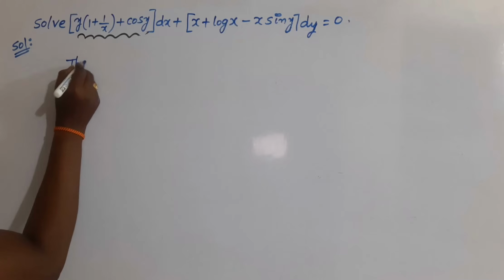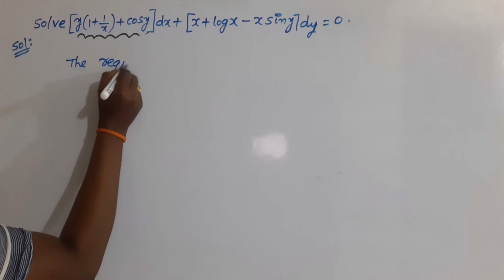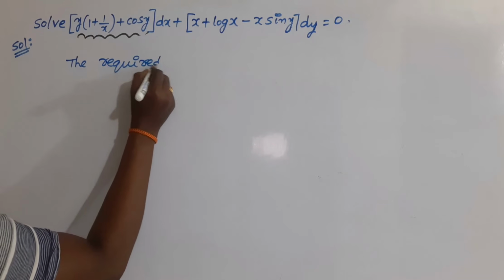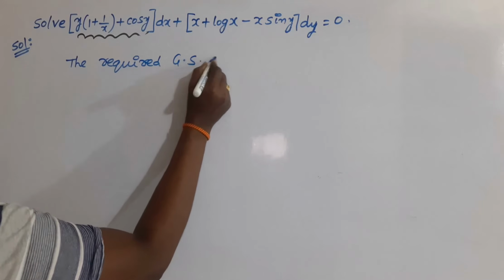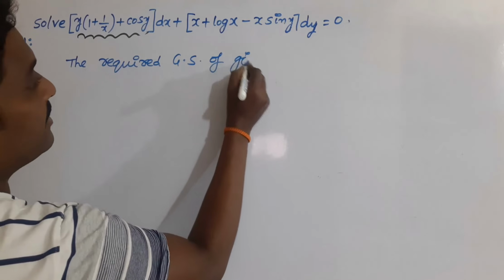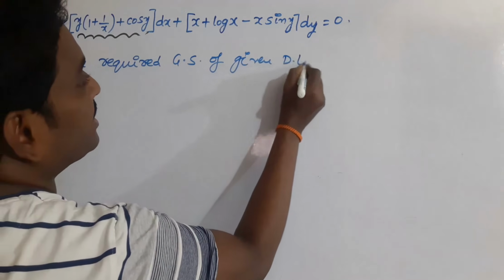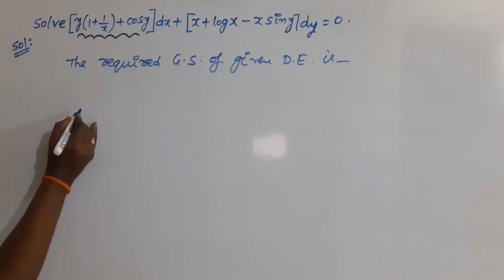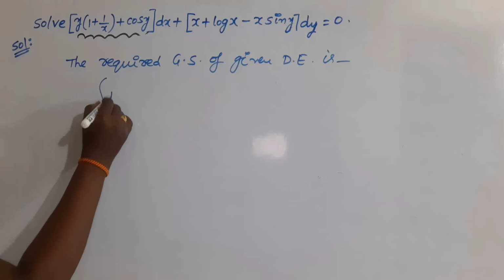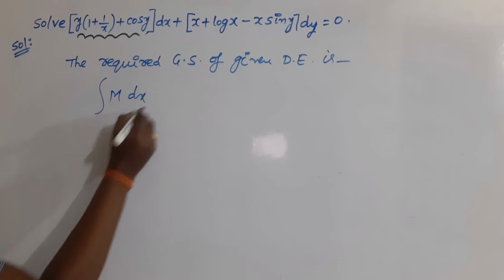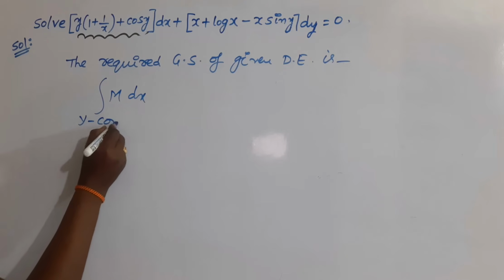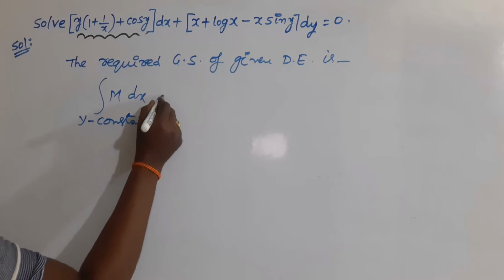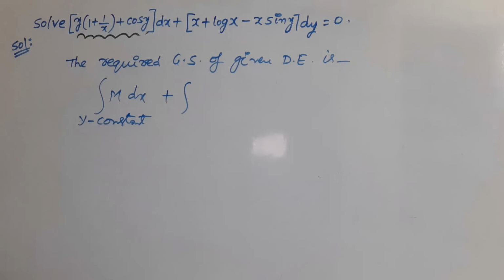Now the required general solution of the given differential equation is, what is the formula for the general solution of an exact equation? Integral of M dx, treating y as constant in the first part, plus what is the second part?